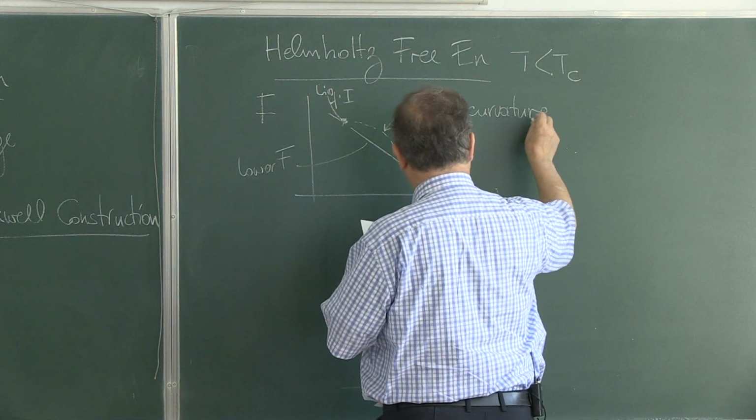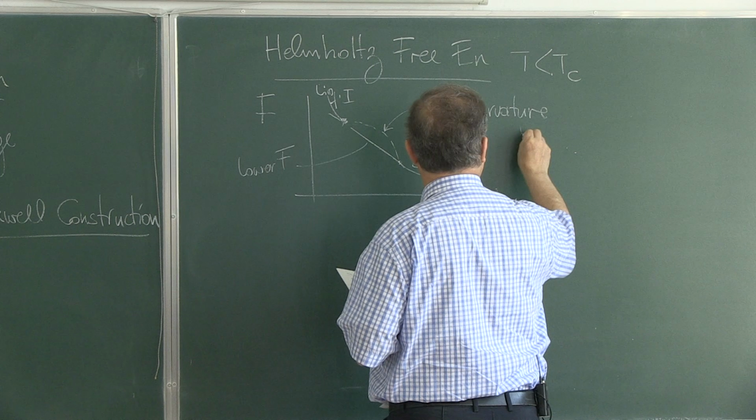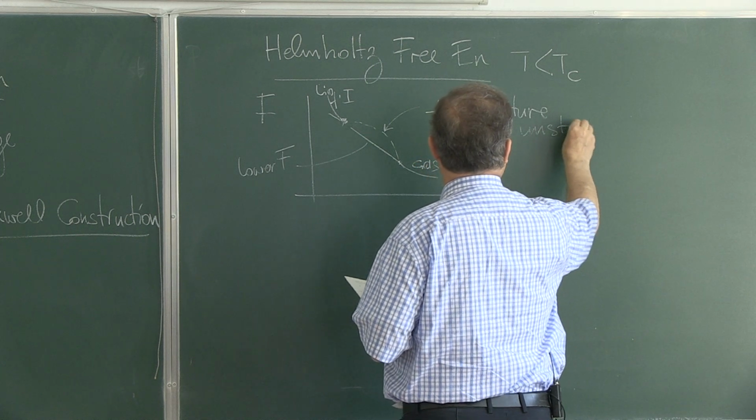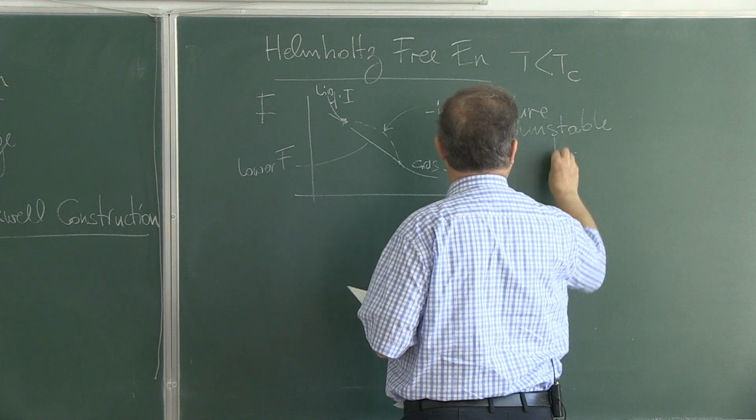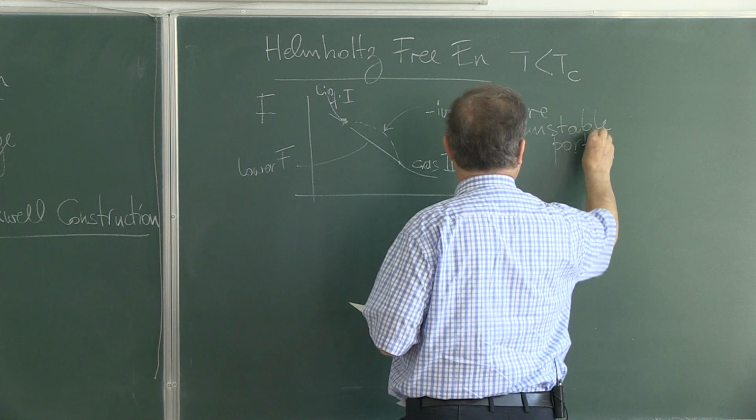This corresponds to the dashed portion, the unstable portion of the earlier curve.